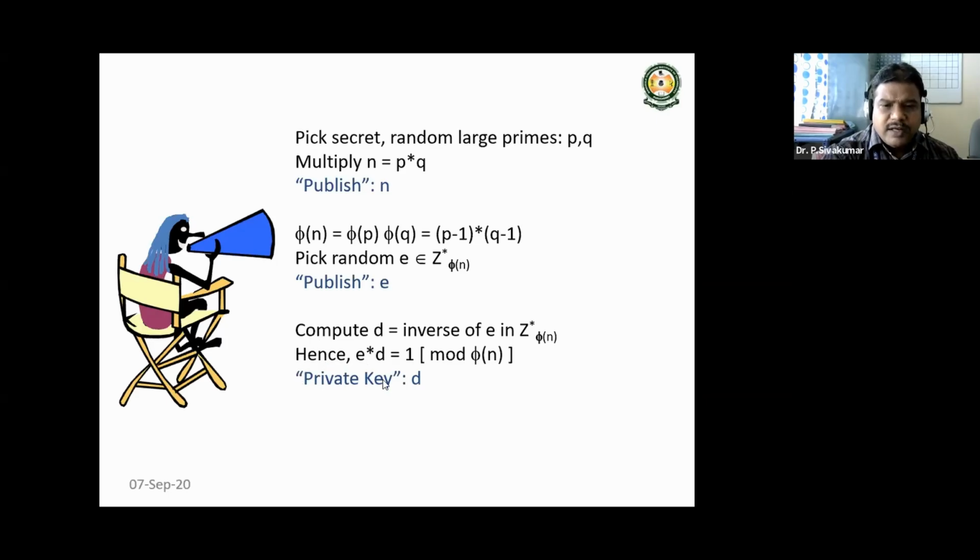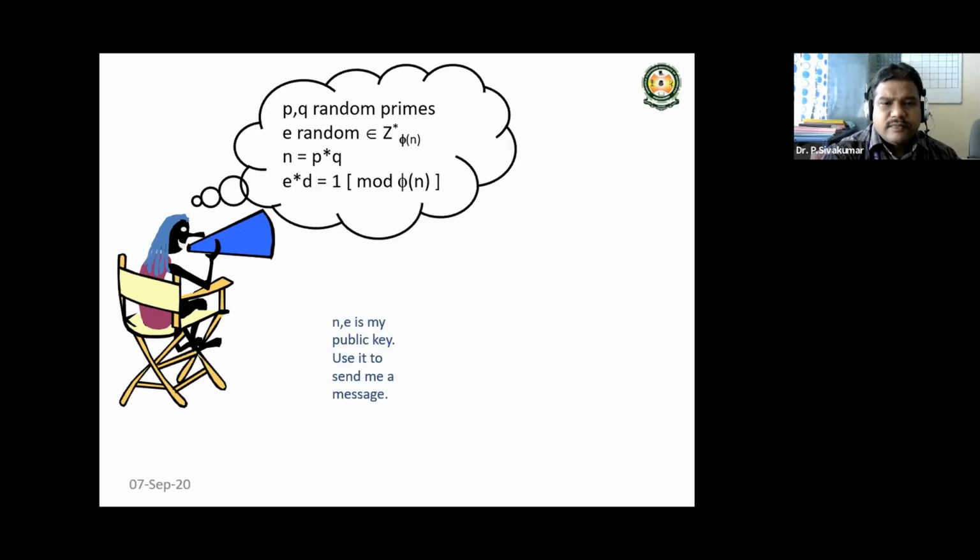Otherwise, if you want d, it will go to that side: d is equal to e inverse mod phi(n). Then you can get your private key.